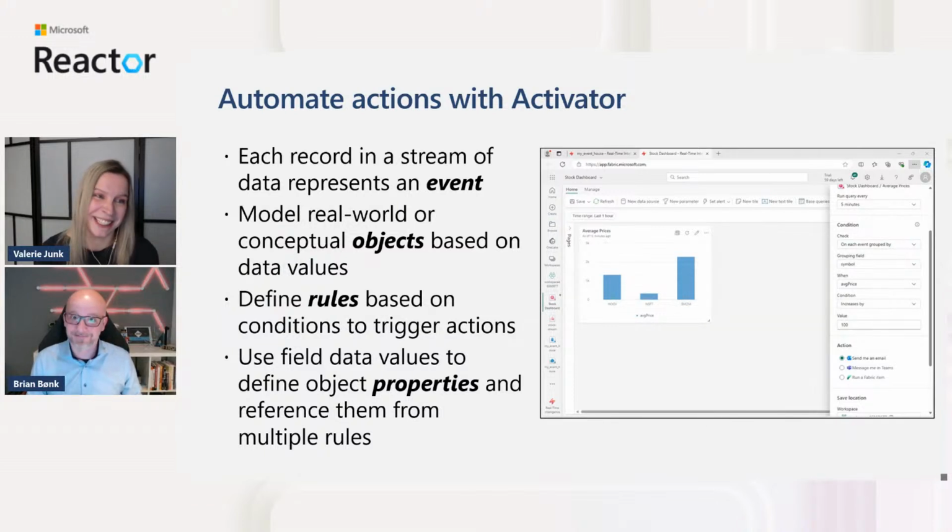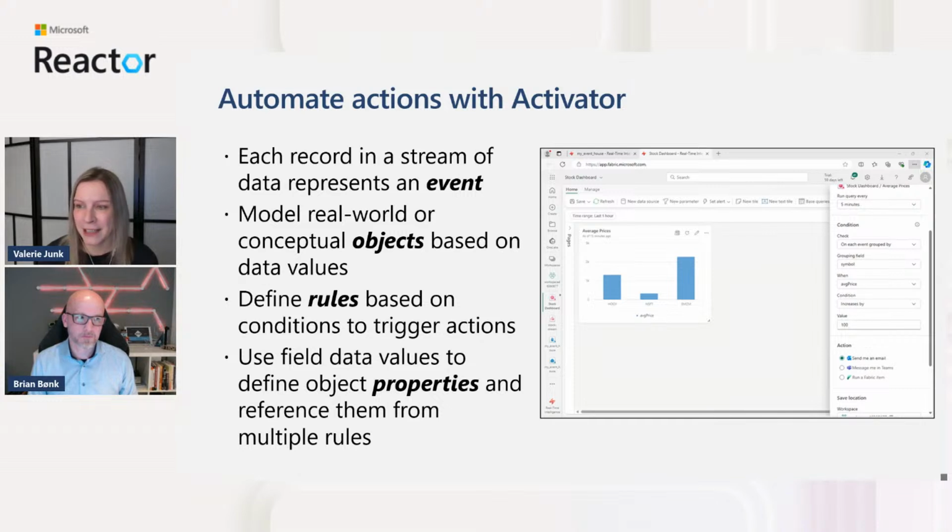The other thing I really like is the automated actions with Activator, because all these dashboards, they're nice, and I love my dashboards, but even I don't look at them 24/7. If something happens, I want to get a message. I want to be informed that stuff is happening.